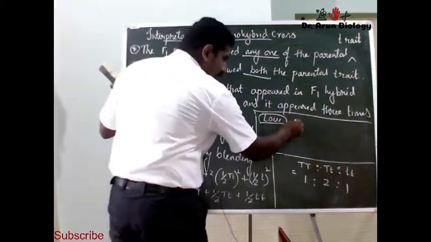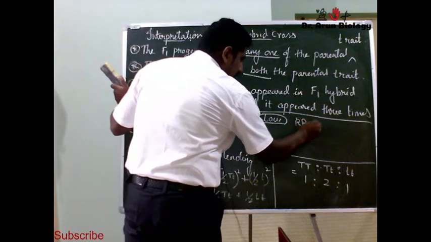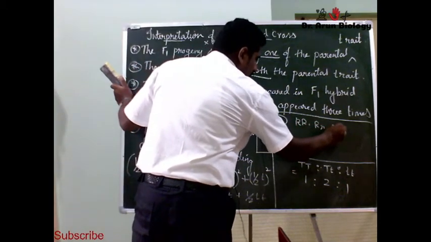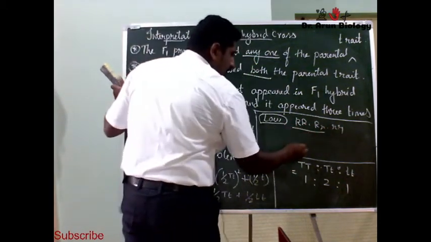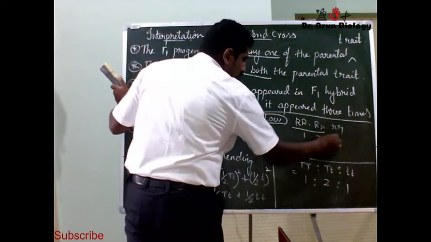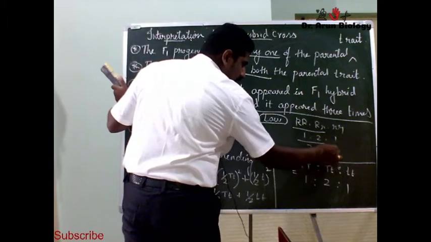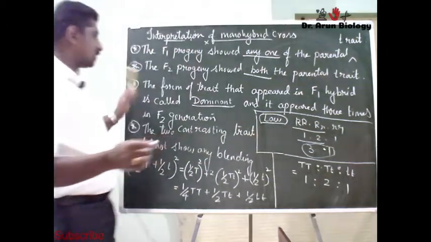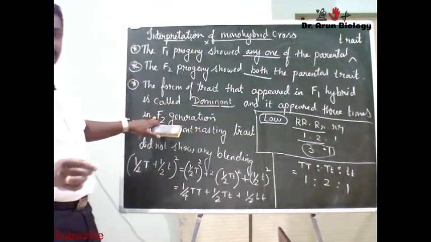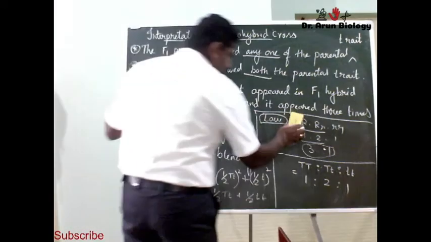That is capital R capital R, capital R small r, small r small r. This gives a 1:2:1 ratio, and the round ratio is 3:1. So the dominant trait appeared 3 times in the F2 generation.